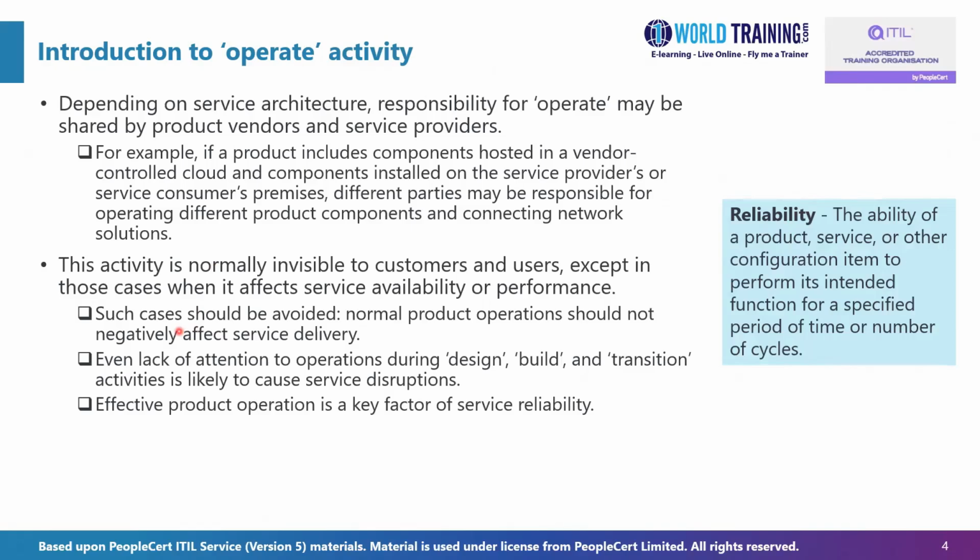So such instances should be avoided where there is degradation of service, and otherwise it creates value leakage for the users. And we have seen earlier that every lifecycle activity contributes to the success of the product and service lifecycle. Therefore, even during design, build, and transition, there has been attention to operational considerations. And good operation means services are reliable.